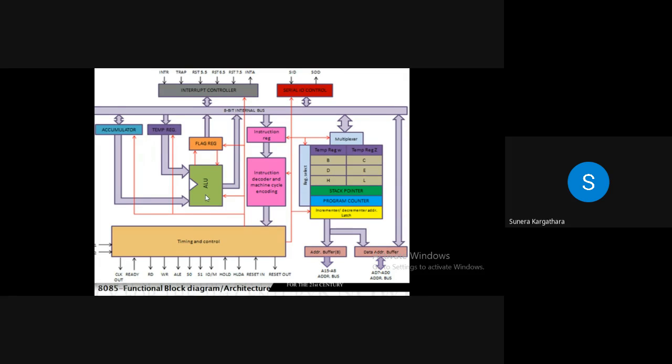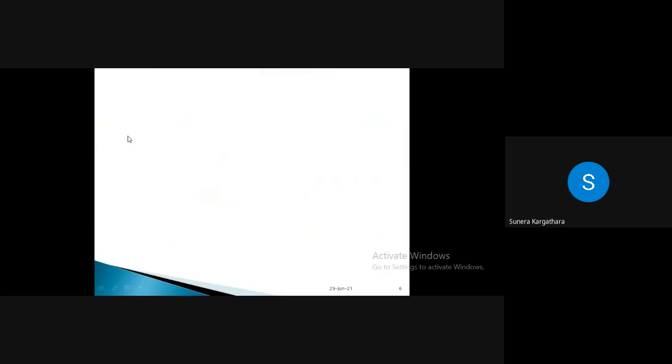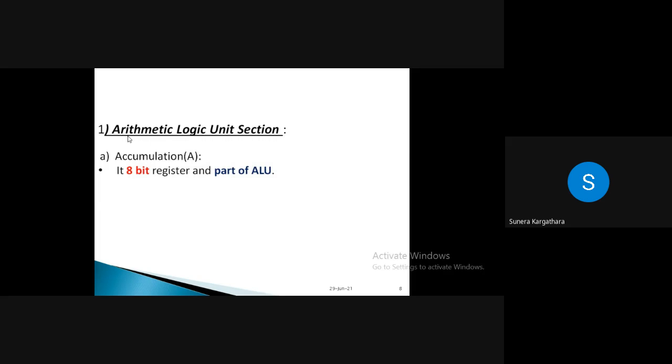We are always saying that accumulator is a part of ALU. That's why for any arithmetic or a logical operation, one data must be stored in the register, right? So one by one, whatever points you mentioned, all of that you can write for the accumulator, and that is nothing but your accumulator's description.